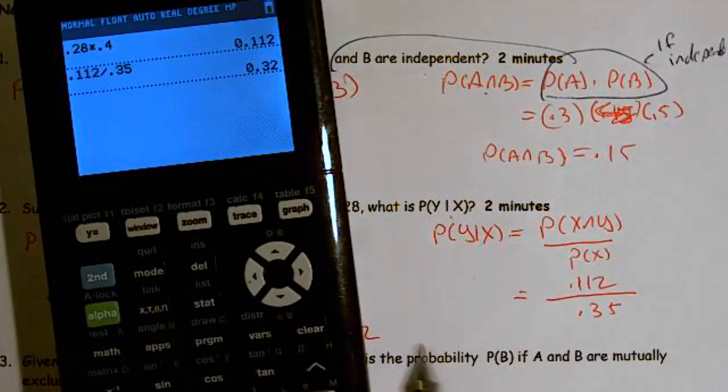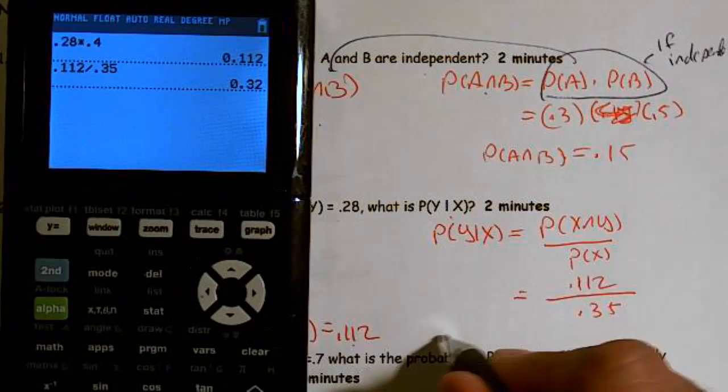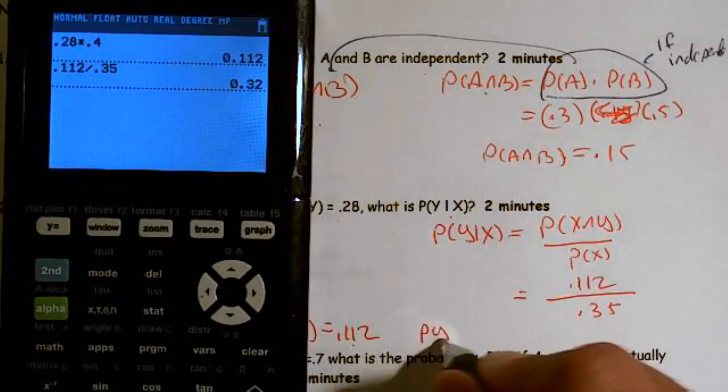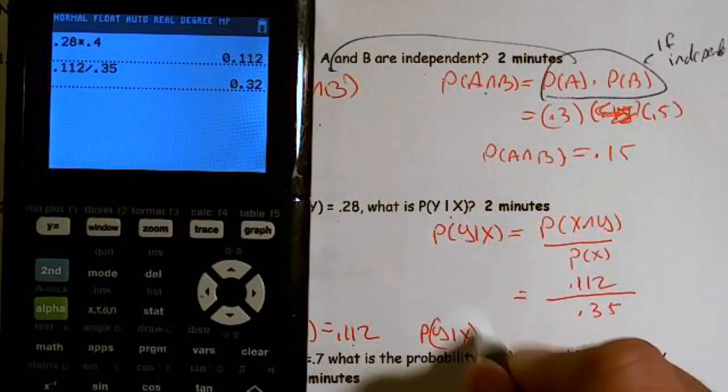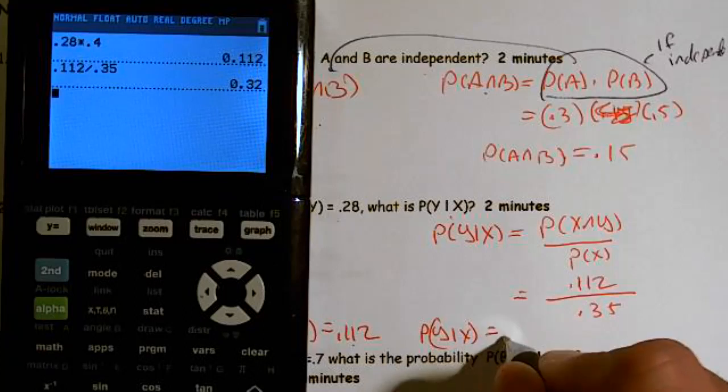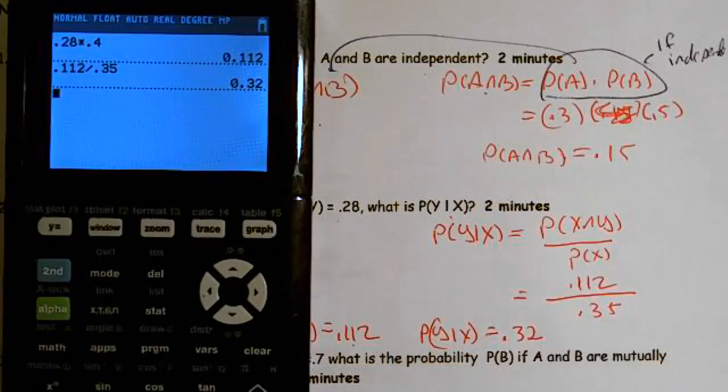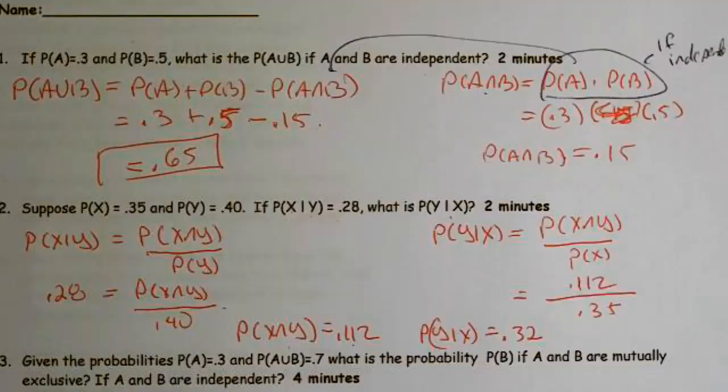Divide that out, and we find the probability of Y given X equals 0.32.